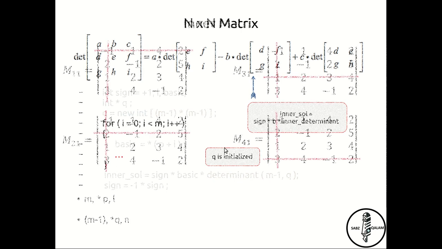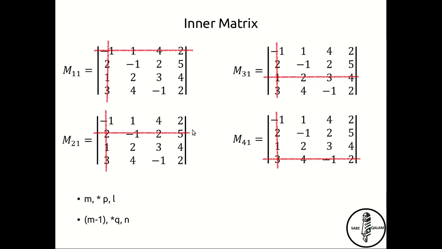Okay, so let's look at how to initialize these things for a moment here, right? So for a 4 by 4 matrix, let's say you're considering 2, so you remove these rows and columns and you're left with this.